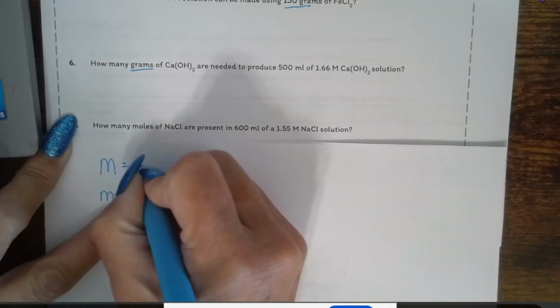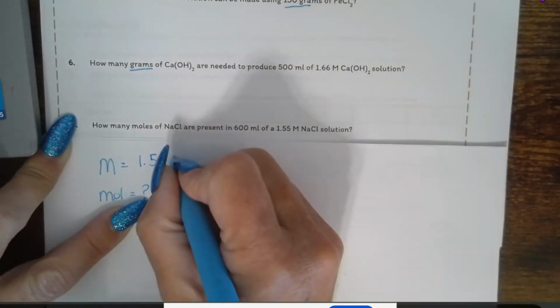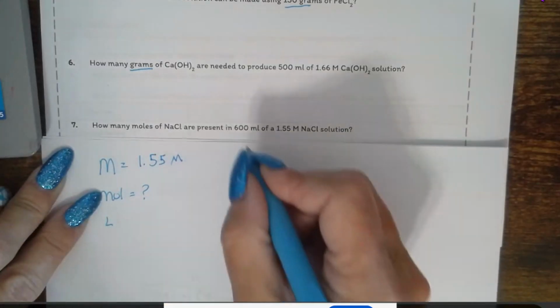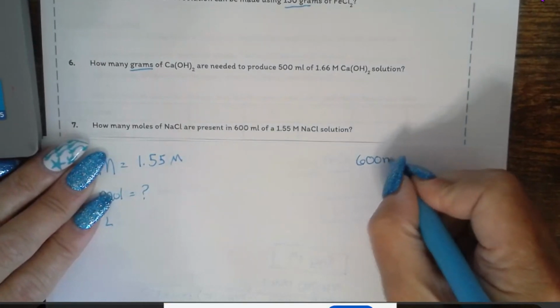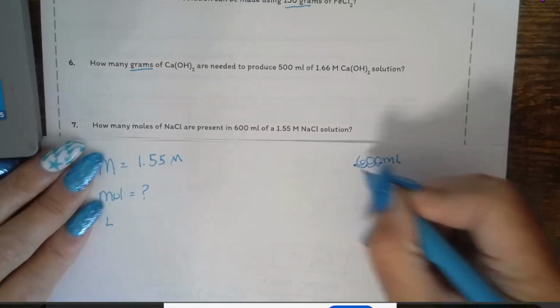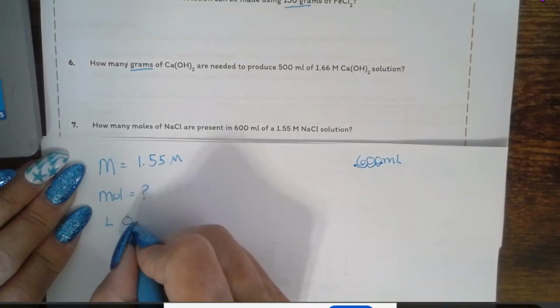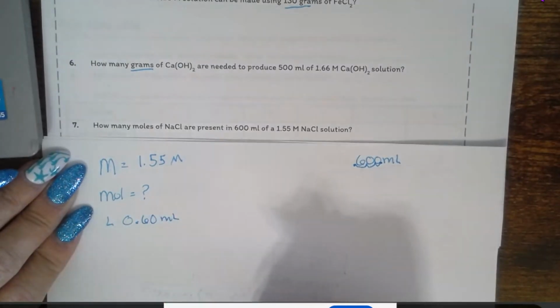So my capital M is 1.55. It tells me I have 600 milliliters, so I'm going to have to move the decimal 1, 2, 3 places to the left. So I have 0.60 liters. And now I need to find moles.